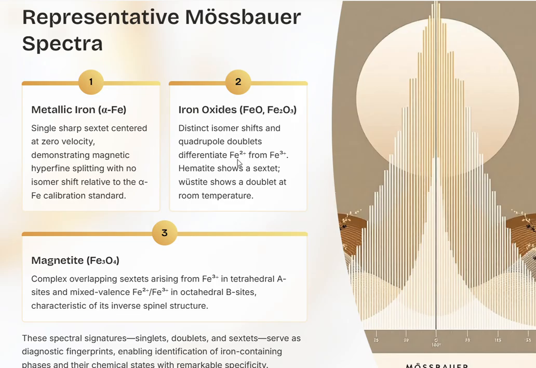Hematite shows a 6-line pattern and a doublet at room temperature. For magnetite, Fe3O4, there are overlapping 6-line patterns arising from Fe3+ in tetrahedral sites and mixed valence in octahedral sites. This is not that important, I just included it to make you aware of how a Mossbauer spectrum looks.